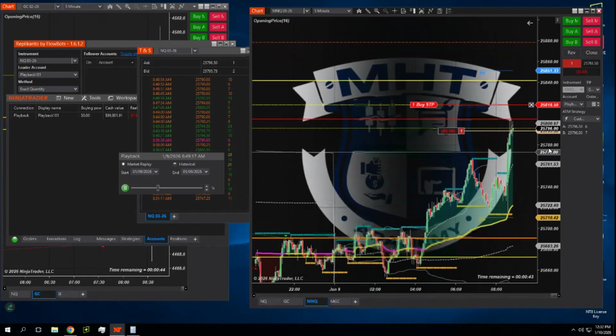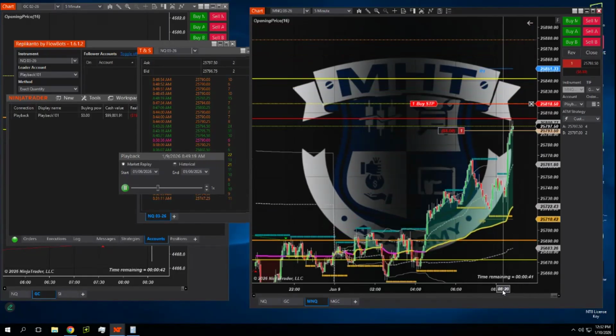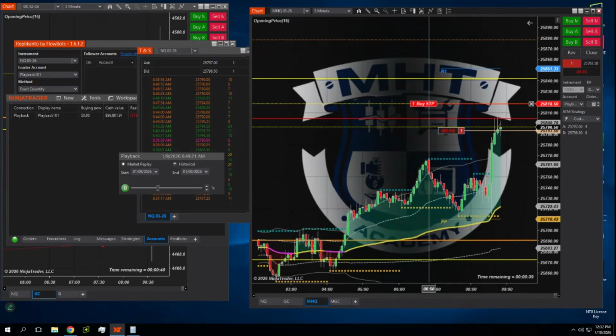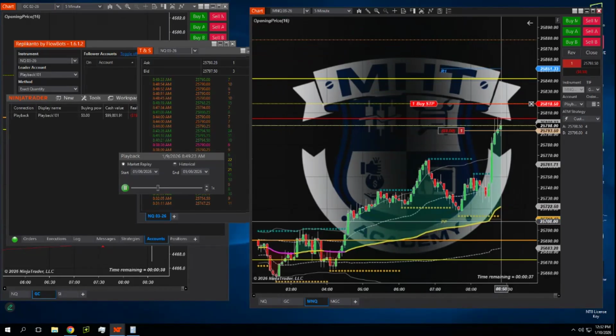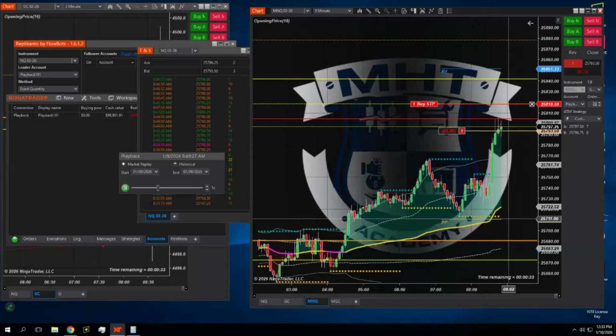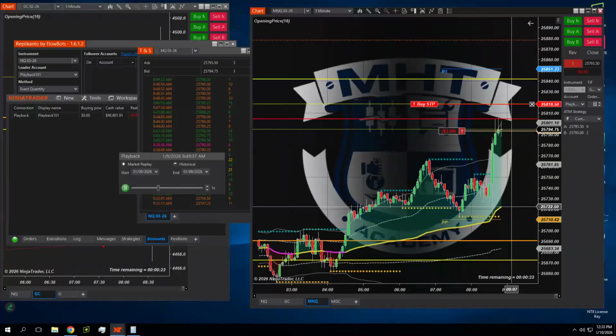I'm trying to figure out the best way to phrase the question. When you see that it keeps going down closer and closer to the level, but still keeps closing above it, when do I start to look at it as being a lot more risky to trade on it?